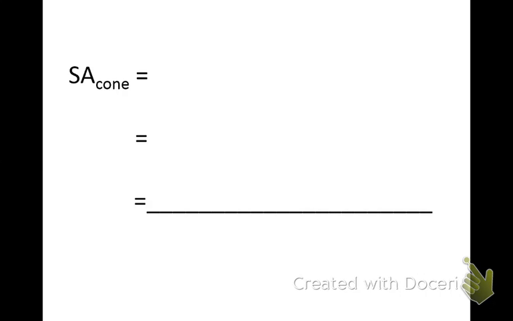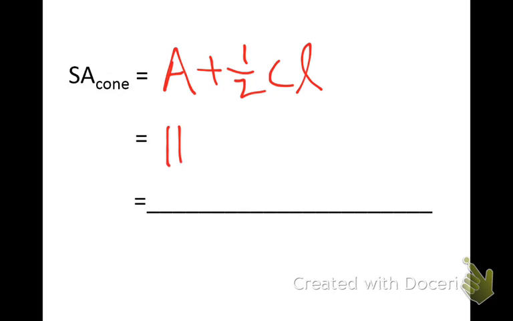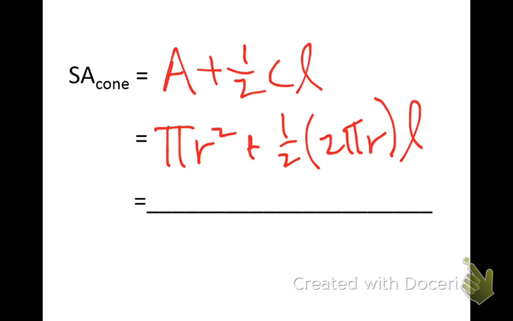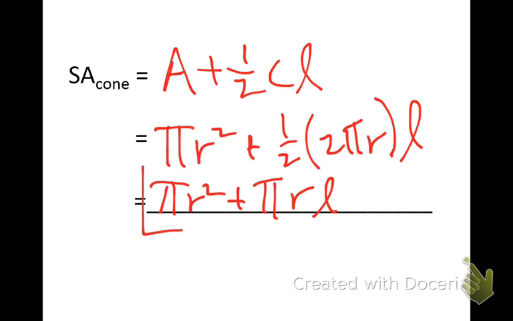So that's how we've got surface area of a cone equals the area of the base plus 1/2 CL, and then we're going to plug in for C. The area of the base is a circle, so it's going to be pi r squared plus 1/2 the circumference, 2 pi r, times L, and then we simplify that and we get pi r squared plus pi r L. So that's the formula.